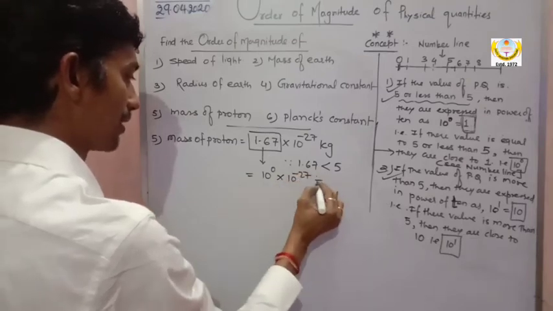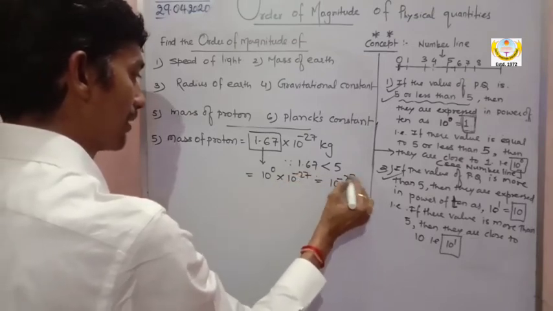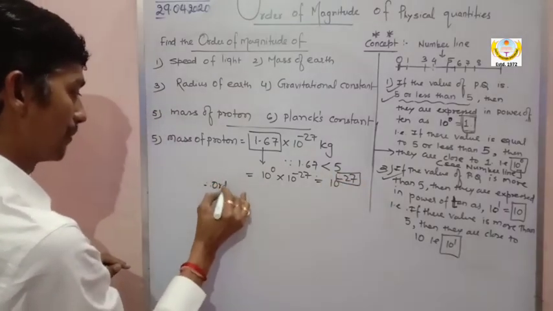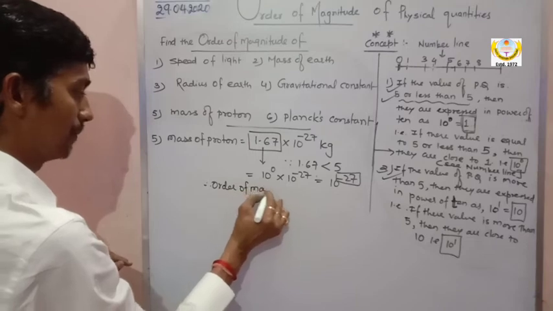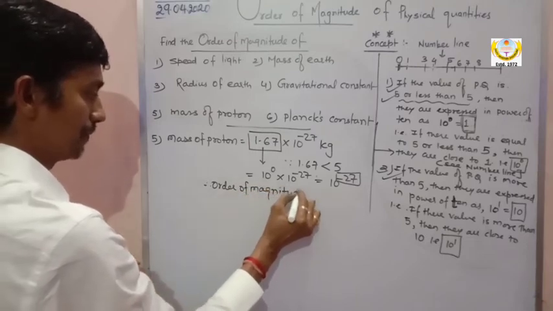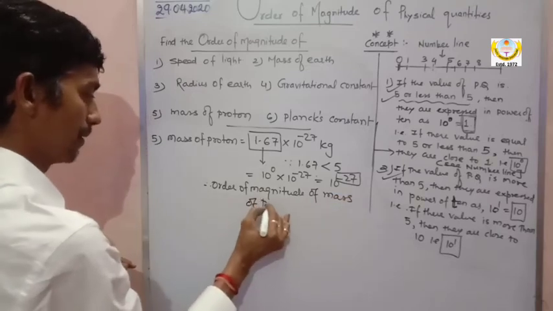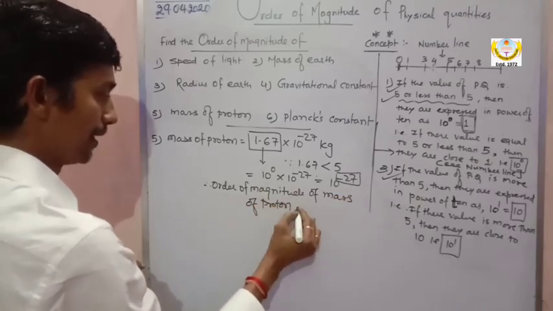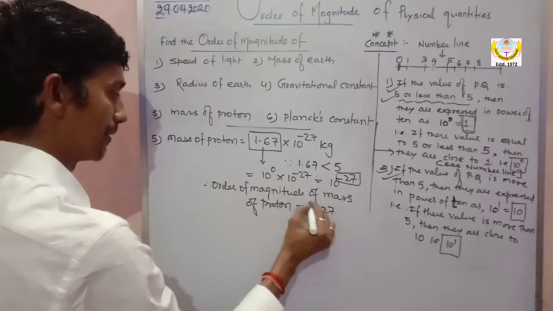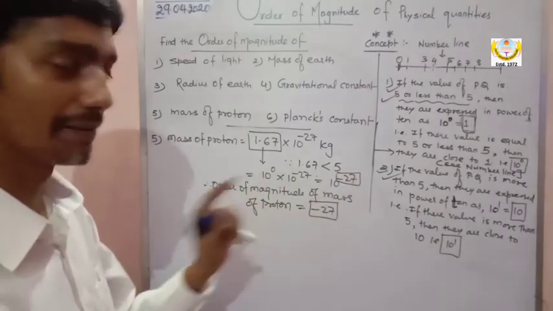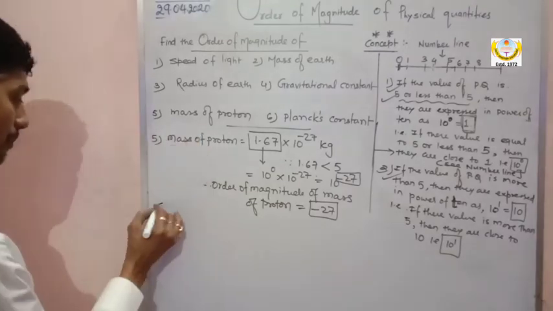So the answer for this question will be 10 power minus 27. Therefore, the order of magnitude of mass of proton is minus 27. Simple.